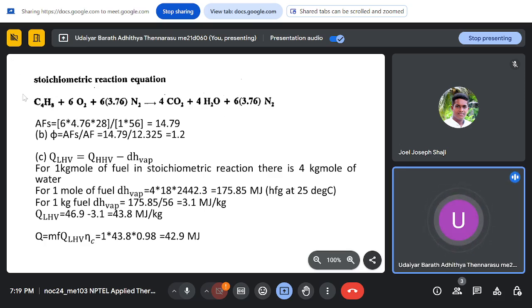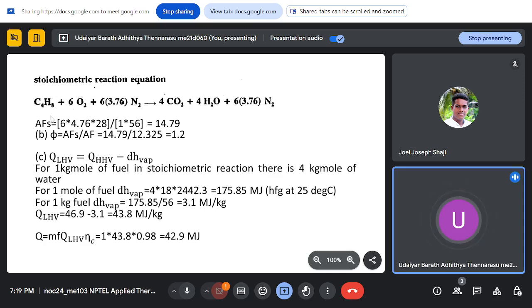So this is how it will look. You assume 1 mole of fuel plus some Y moles of air, forming CO2, H2O and nitrogen. And similarly, doing the carbon, hydrogen, oxygen and nitrogen balance, you can find out each of the coefficients, and this is how the expression will look for a stoichiometric reaction.